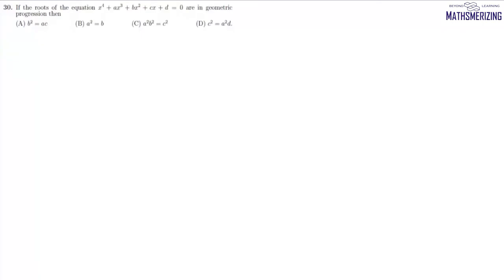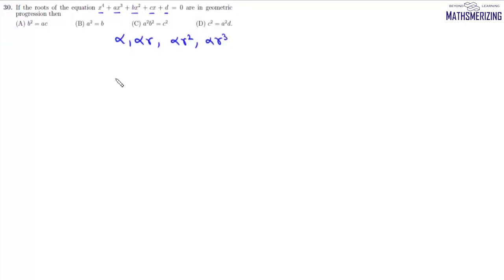Now question number 30 is, if the roots of the equation x to the power 4 plus a x cube plus b x square plus c x plus d equals 0 are in GP, then which of the following options is correct? Now let the roots be alpha, alpha r, alpha r square and alpha r cube.